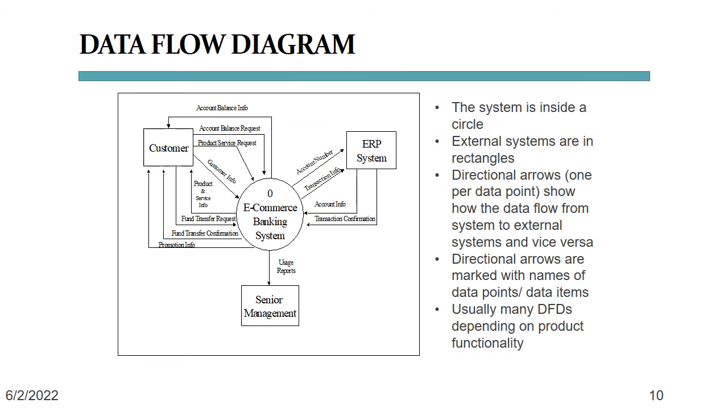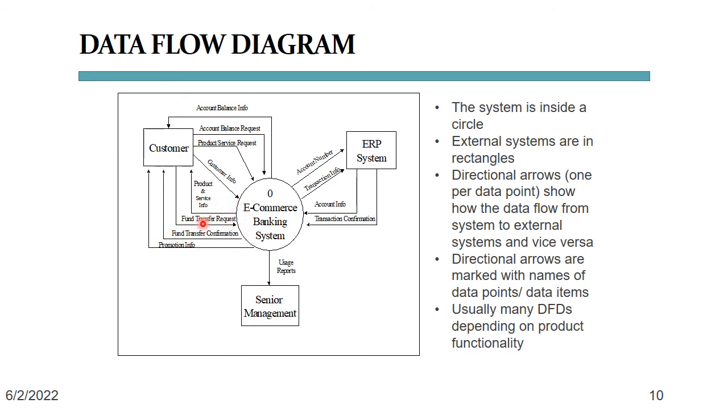Our scope statement also includes a number of important early design diagrams. The first of these diagrams is the data flow diagram. When building such a data flow diagram, always remember to put the system you're building into the circle in the middle.